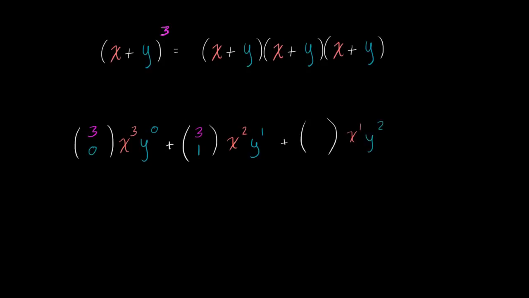We're starting with three things, and we're going to pick two of these y's. So it could be this y and this y to construct the product y squared. So it could be y times that x, or it could be y times that x, or it could be y times x times y.